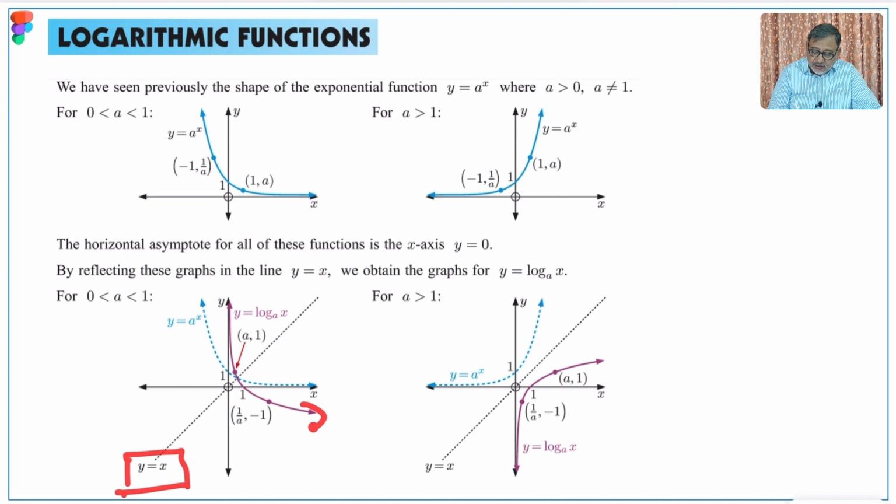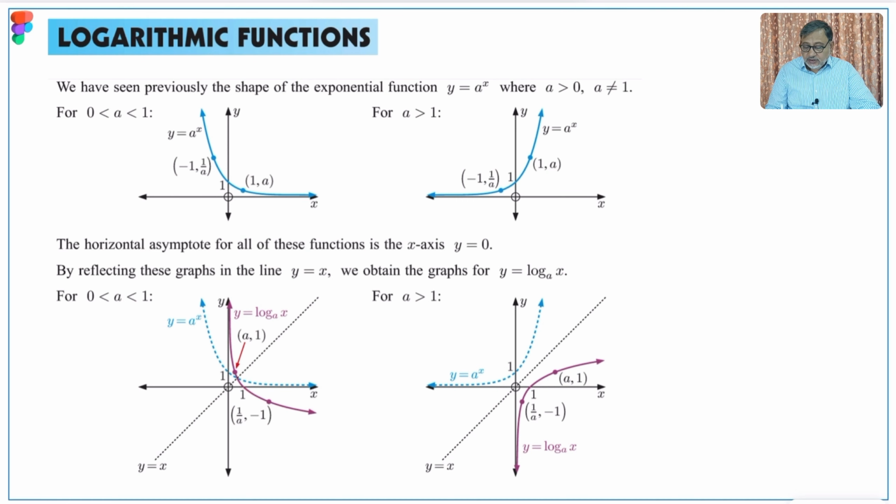So the red graph is for the inverse function log of x to the base a. The dotted one is the graph of the decay function y is equal to a raised to x. The whole thing is reflected in the line y is equal to x. See, this part will be reflected here, and similarly this part will be reflected here.